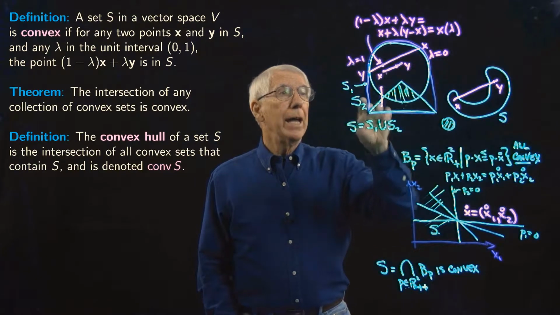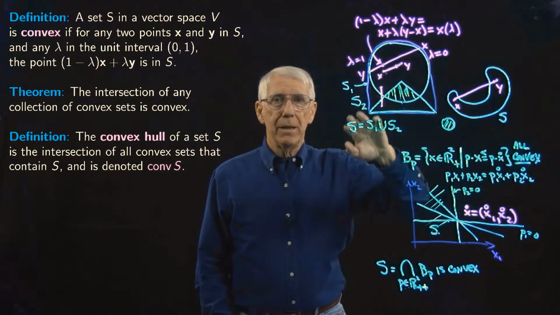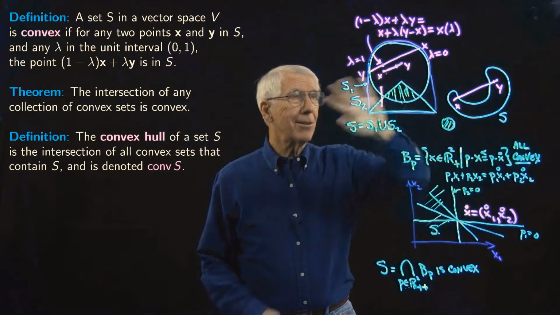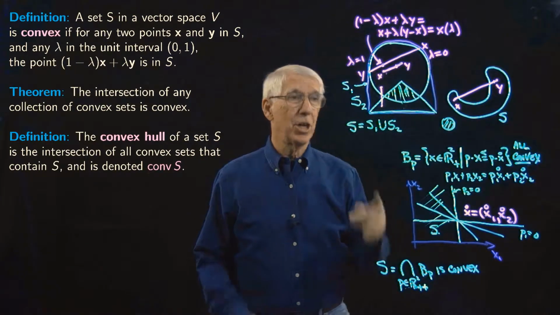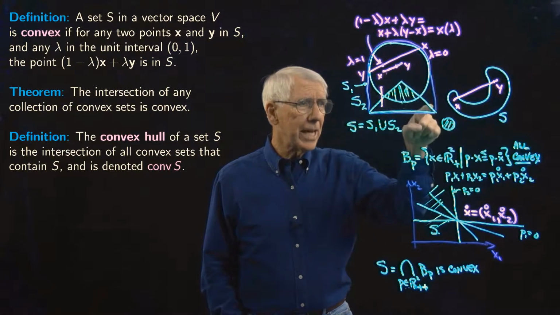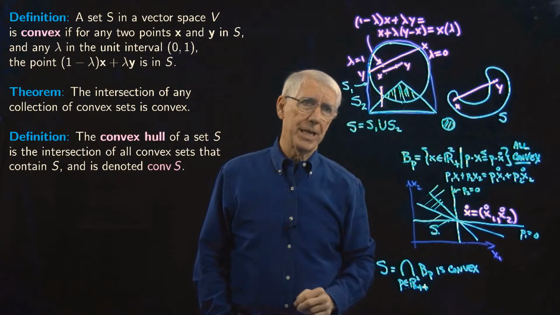Moreover, any larger set that is a convex set containing S, when I intersect it with this, all the rest of the stuff is irrelevant. So any larger set I don't even have to consider. I only need to consider this set here and then see if there are any smaller sets.